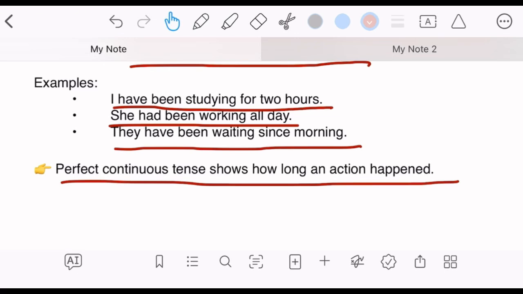Okay, and the perfect tense is already finished, and the last tense is perfect continuous. Perfect continuous is finished but continued for some time. Okay, that's all for the tenses.